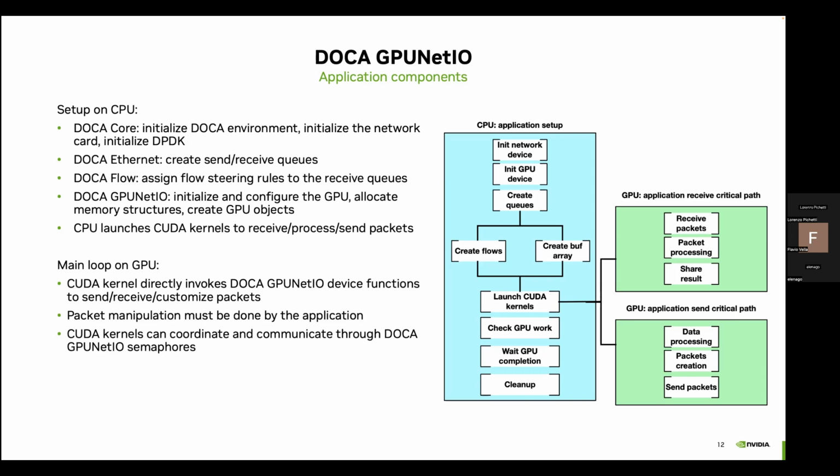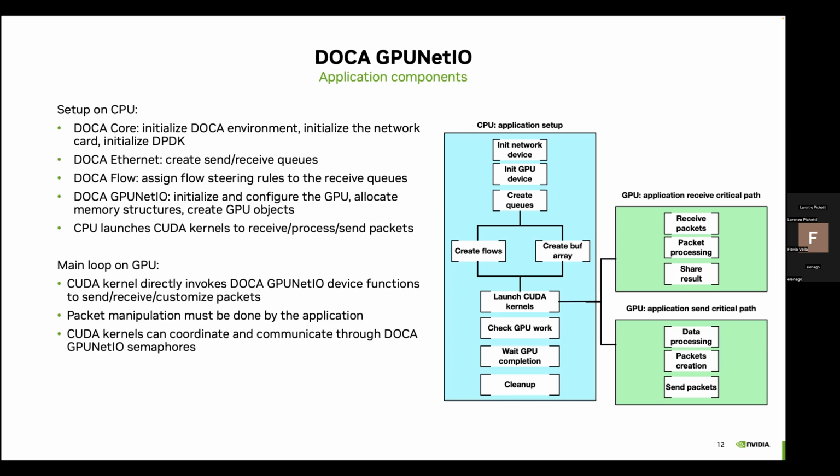And then you use DOCA GPUNetIO on the CPU, because GPUNetIO is actually composed of 2 libraries: a shared library having only CPU functions, and a static library having only CUDA device functions. So in the setup phase, you can use DOCA GPUNetIO CPU functions to initialize the GPU, allocate memory structures, create objects, whatever. And once you're done with the setup, you can launch the CUDA kernels on the GPU. From this point, the main loop of your application is happening on the GPU.